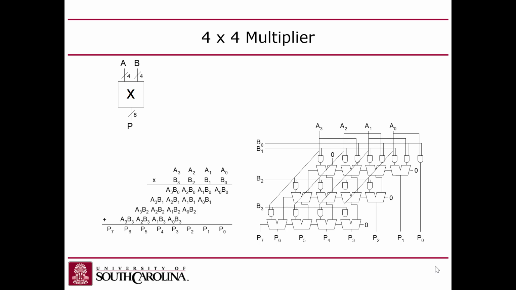But then when you get to the next bit over, bit 1 of the product is the sum of A1 B0 and A0 B1. So they take A1 and B0 and A0 and B1, and put those into a full adder, which does this addition, producing a single bit output.